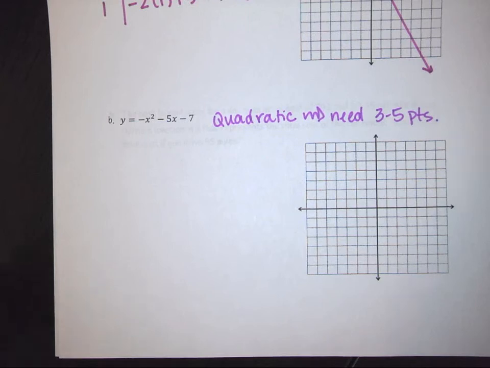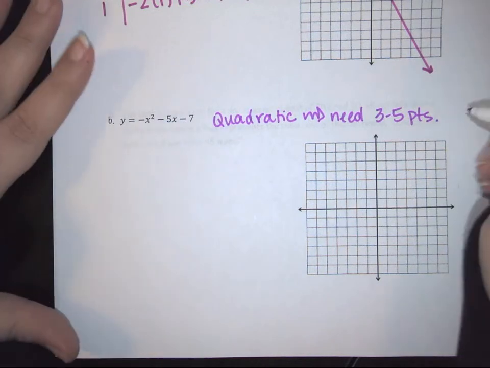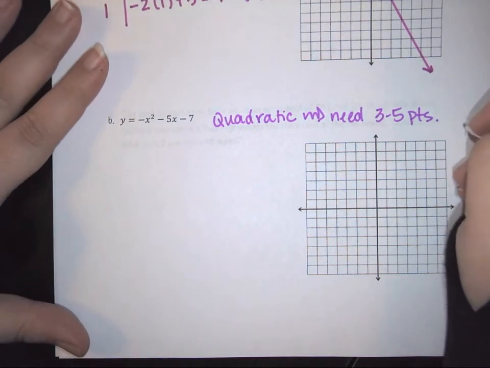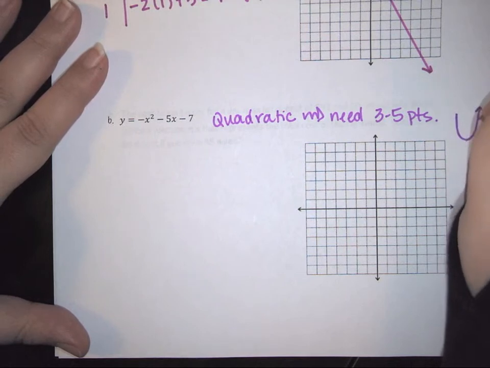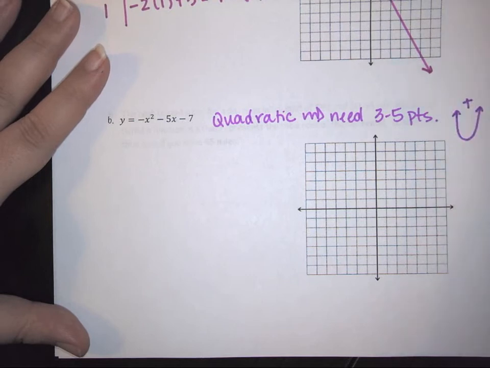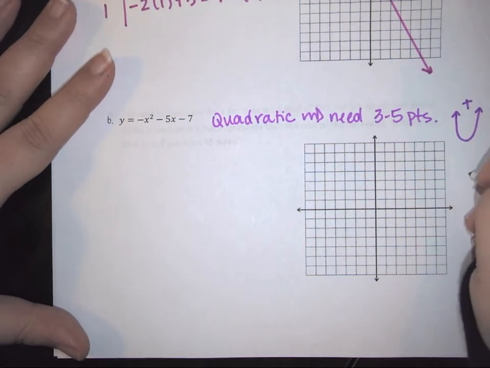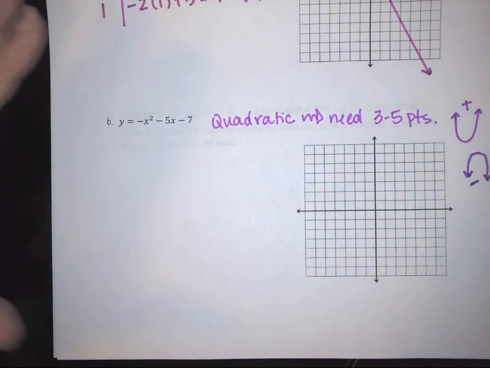If you think about a parabola, parabolas are either going to look like a U shape, meaning they are positive, or they're going to look like an upside down or frowny face shape, meaning that they are negative.